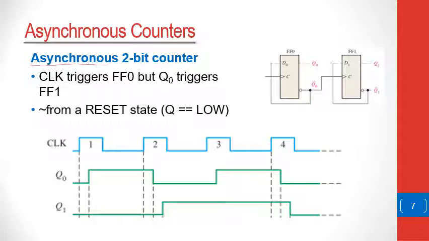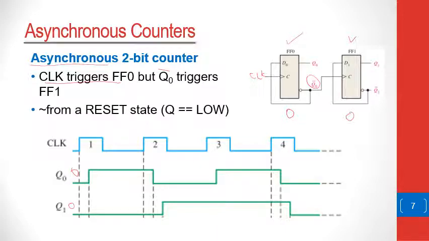Flip-flop number 0 is being triggered by the external clock CLK. However, flip-flop number 1 is being triggered by the output of flip-flop number 0, so it's being triggered by Q0 bar. Now, taking a reset position, let's say initially both of the flip-flops have stored a 0. So both of them have a 0.